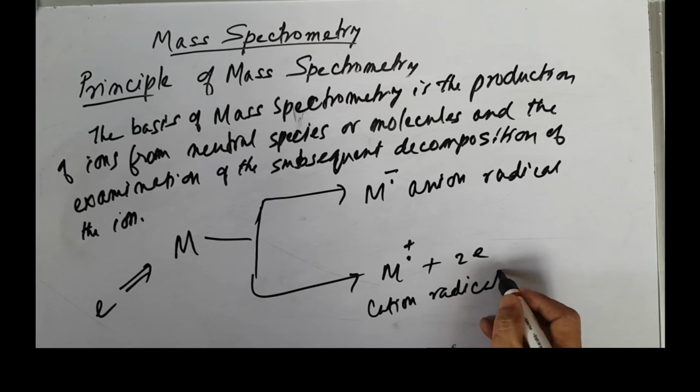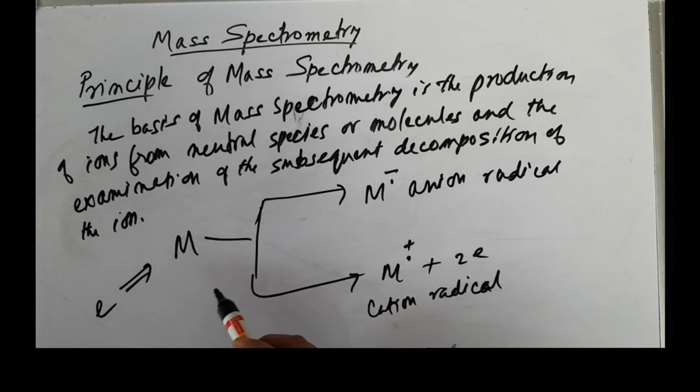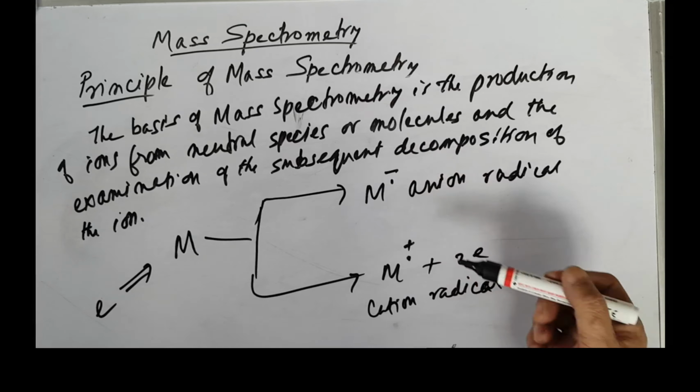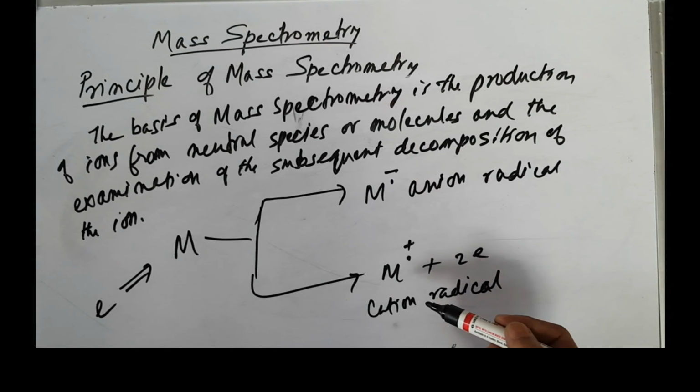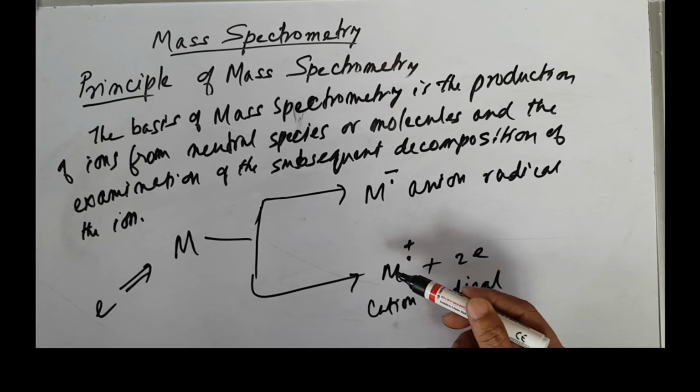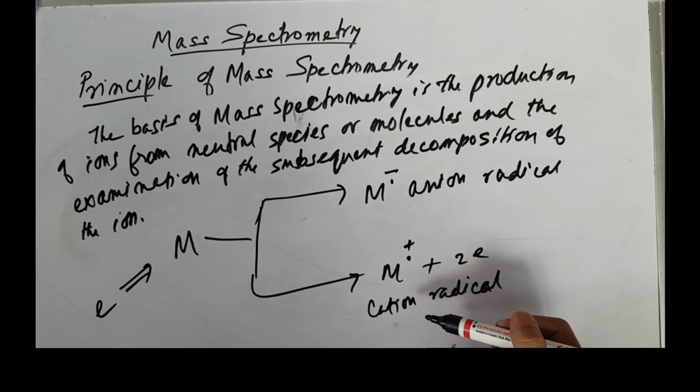So you have two types of species when neutral molecules are bombarded with high energy electrons.